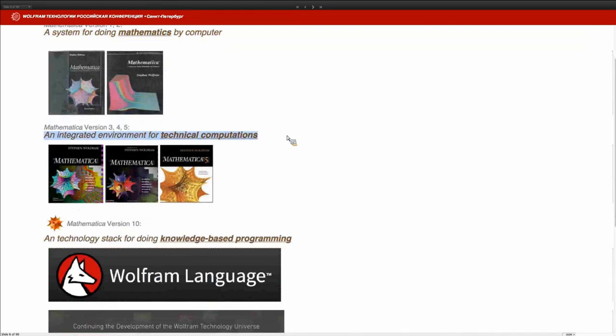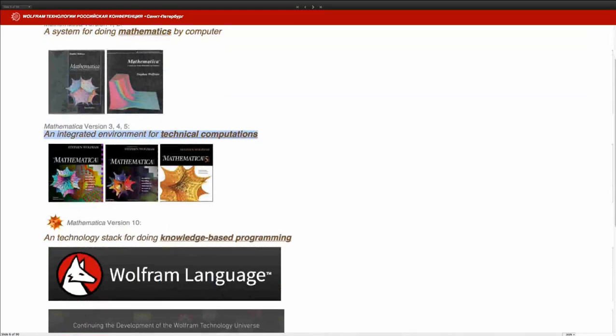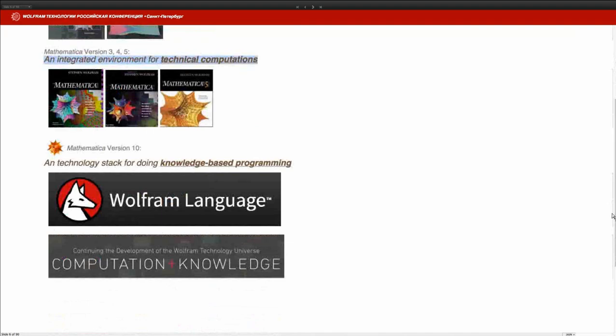That's already much broader, because it includes engineering, chemistry. The next versions weren't so clear about the tagline, it was never so emphasized, but since version 10 there's again a clear tagline: "a technology stack for doing knowledge-based programming." And knowledge-based emphasizes that there is something that comes from the outside that is not just algorithmic. And that's the part I want mostly to discuss today.